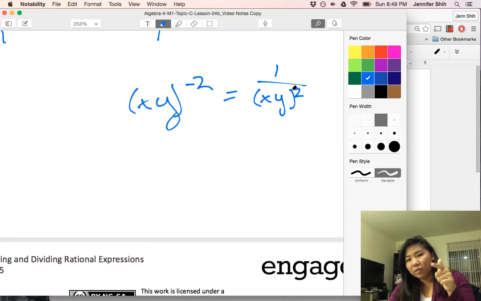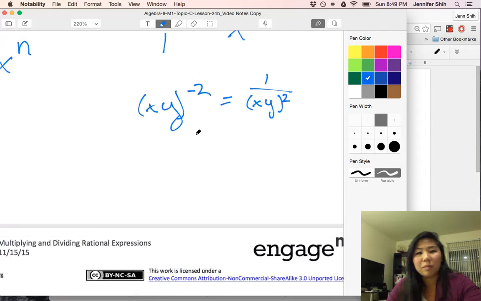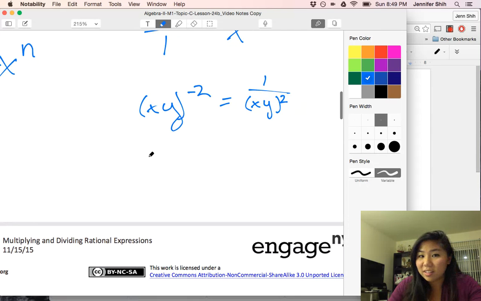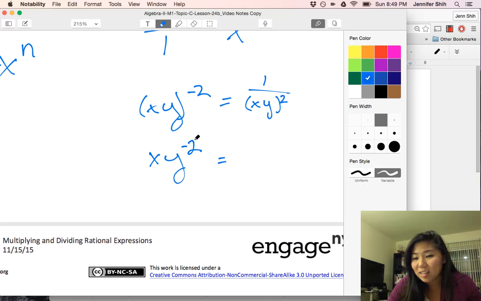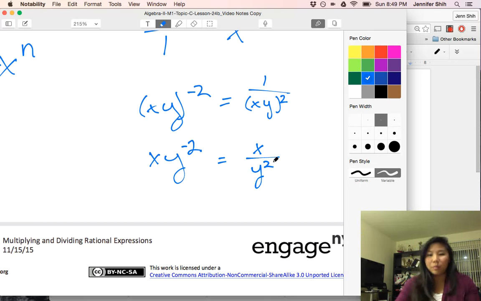The negative sign is gone, but the 2 is still there. But if you have this, x times y to the negative 2, this negative 2 is not attached to any parentheses. That means it is only acting on the y. So the x stays in the numerator and the y goes to the denominator: y over x squared.